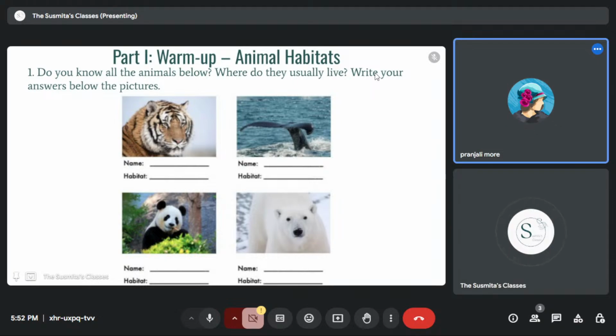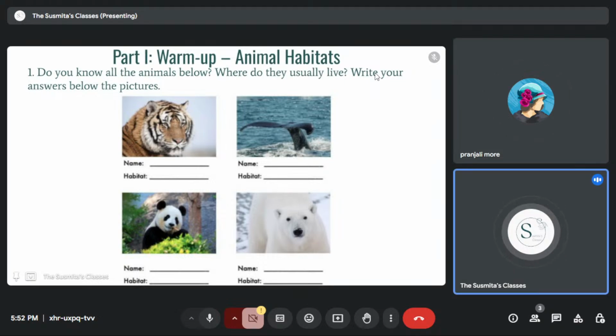Who lives in forest? Forest, which type of forest? Which forest? There are so many forests on this earth. When we are saying habitat, you need to tell me the exact place. Exact place मतलब earth पे कौन सी जगह पे map पे कौन सी जगह पे मिलते हैं. That's what you have to tell me.